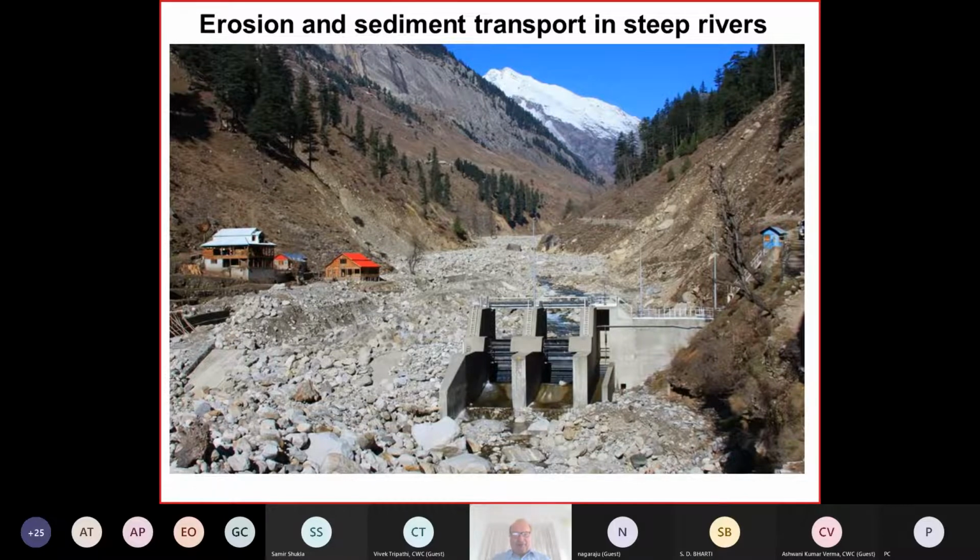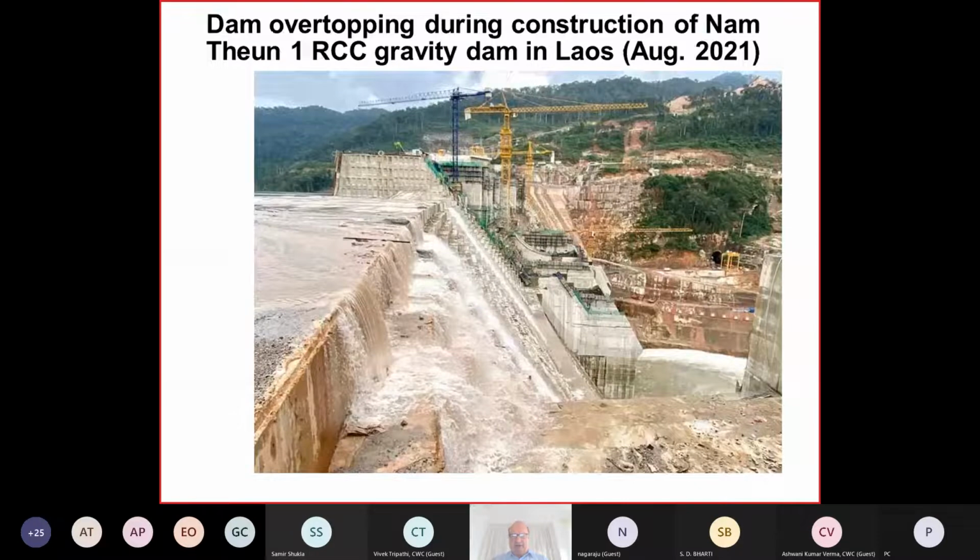It is not that critical as the case you have in India, in the Chamoli in February, where actually a real flood wave caused a huge destruction. But here, you know it very well, in the Himalayas, you have a lot of sediment transport, which has to be taken into account. This is again a photo from a project in Laos.